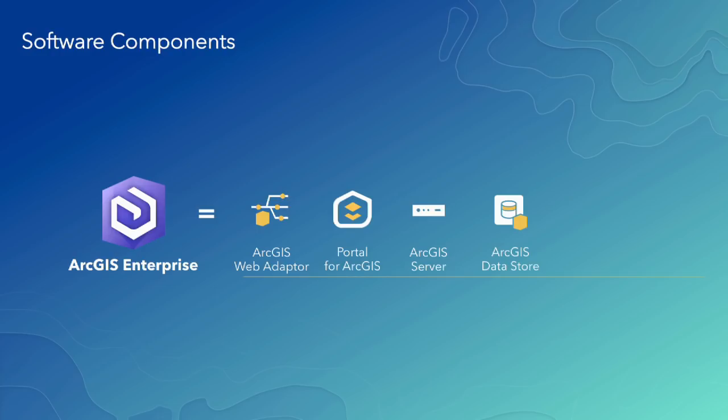You know that there is such a thing as Portal for ArcGIS because you had to install it. You had to figure out how big a machine to put it on, whether to do high availability and so forth. But just like the common user of Outlook probably has no idea that there's such a thing as an Exchange server on the back end, the users of ArcGIS Enterprise shouldn't have to worry about or be exposed to the fact that there's all this detail.